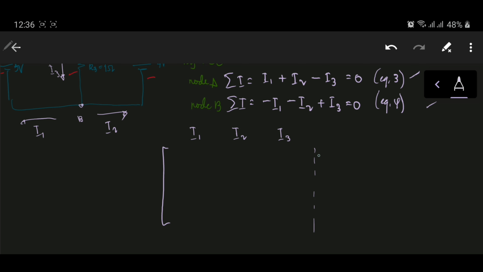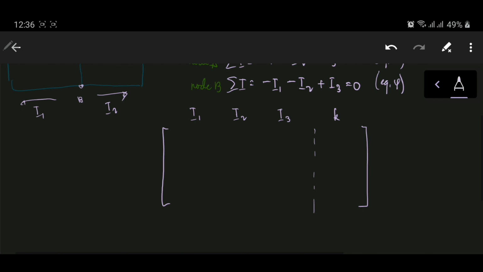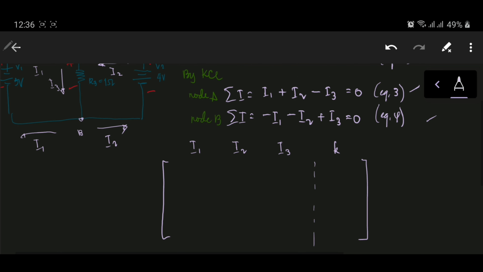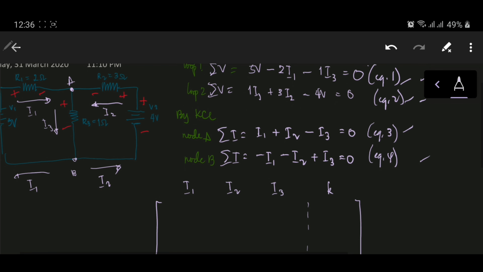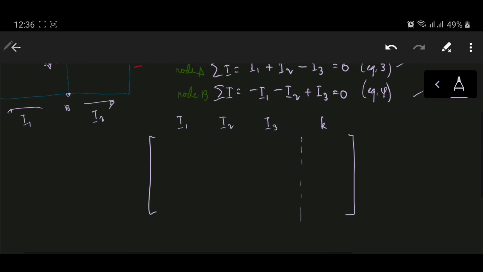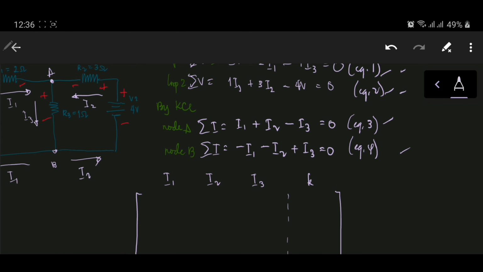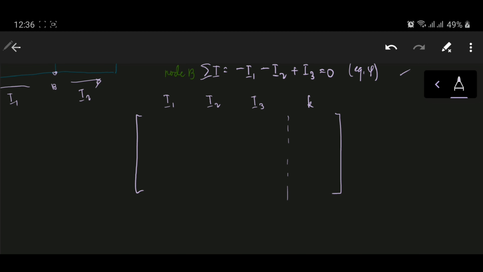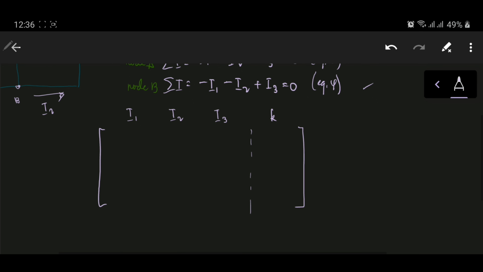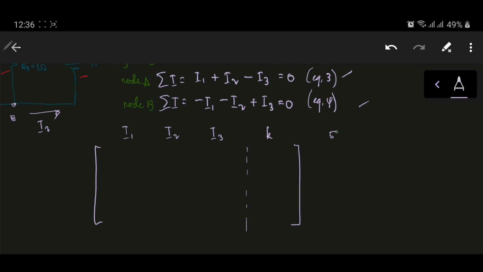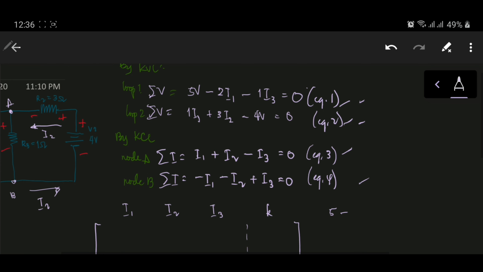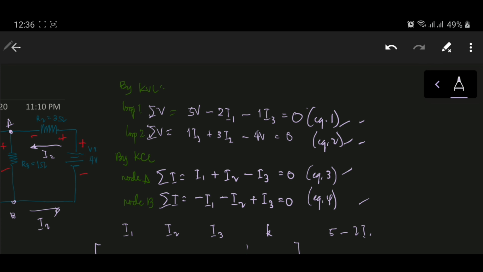Now I find it easy to use matrices to solve for these unknowns. After all, we have a system of linear equations. So we just have to write each of these equations in the following format. Let's take equation 1. We have 5 volts minus 2I1 minus 1I3 equal to 0.